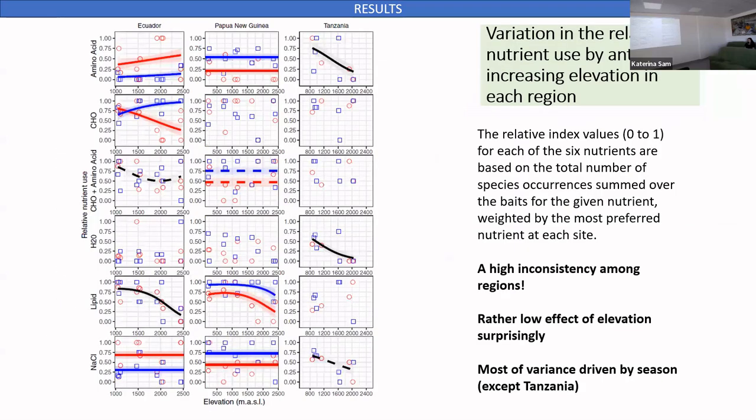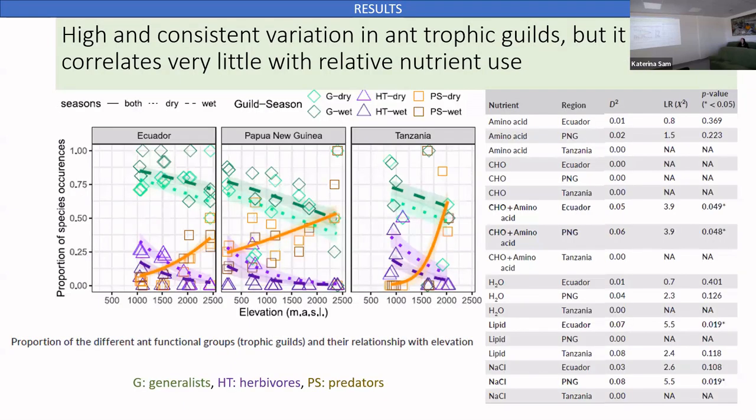I would still argue that if you get such a different pattern between here and here, it's probably what the ants like to have, the nutrient they are limited by, because if they wouldn't like the bait, they wouldn't come and accumulate in the bait. So it should still reflect the preferences, but there is a lot of possible randomness as well, like who comes first and who is dominating the bait, which is not possible to really disentangle with a larger-scope study.